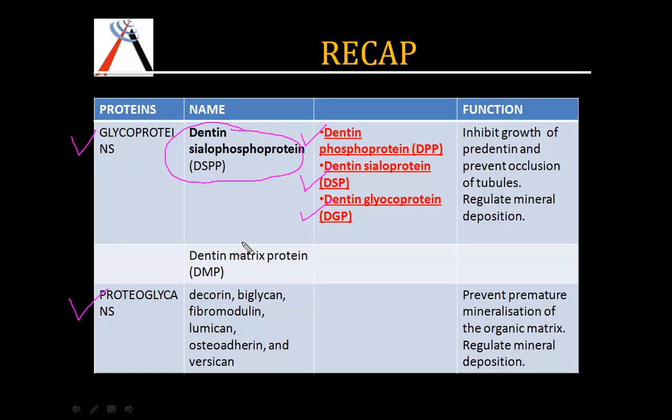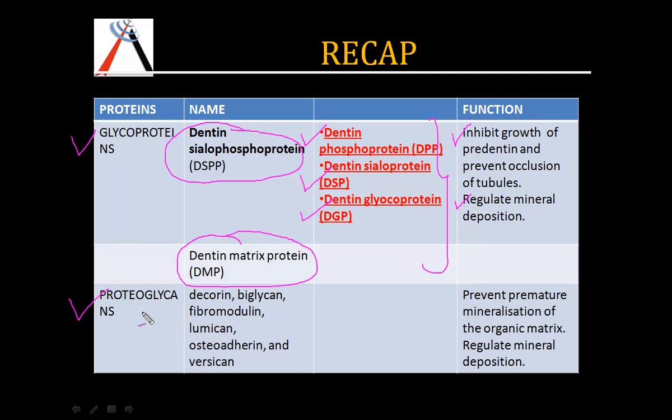The second important glycoprotein is the dentine matrix protein. All these glycoproteins inhibit the growth of predentine and prevent occlusion of tubules, and they also regulate the mineral deposition.